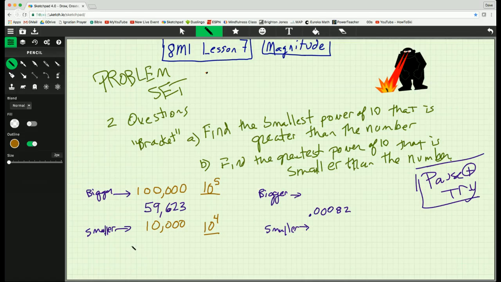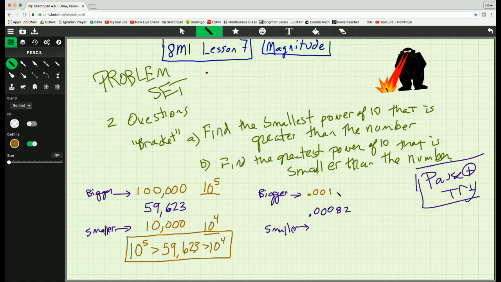So the way I like to write the answer is 10 to the 5th is greater than 59,623, which is greater than 10 to the 4th. And over here, we got to go 0.000. Well, no, that number's not bigger.